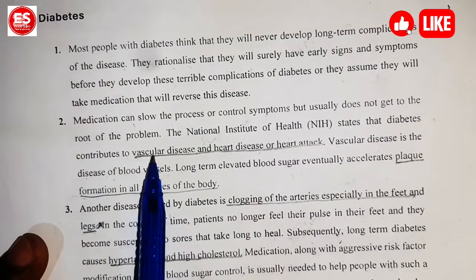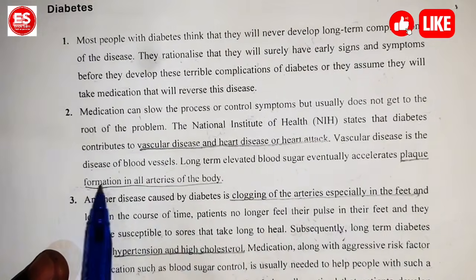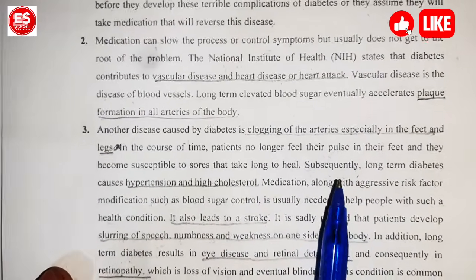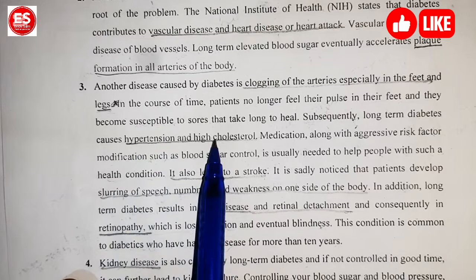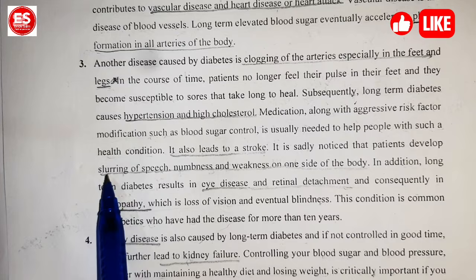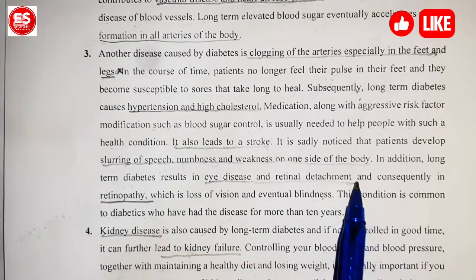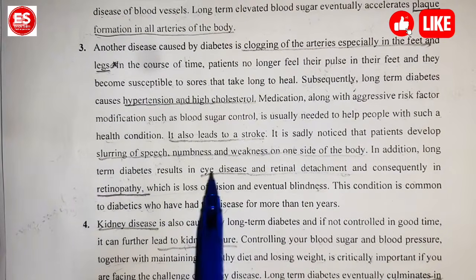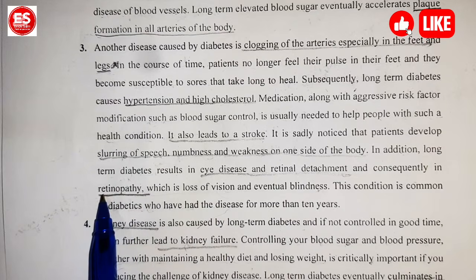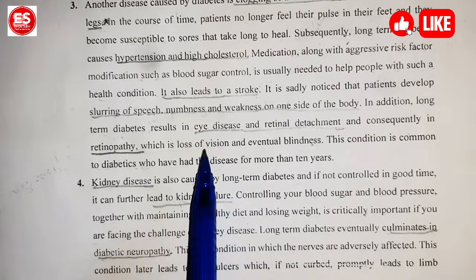We've talked about the vascular disease and the heart disease. We've talked about plaque formation in all arteries of the body. We've talked about clogging of arteries, especially in feet and legs, hypertension and high cholesterol. We've talked about leading to stroke. We've also explained slurring of speech and numbness and weakness of one side of the body. Then we've talked about eye disease and the retinal detachment. We've talked about the retinopathy also, which is blindness or loss of vision.